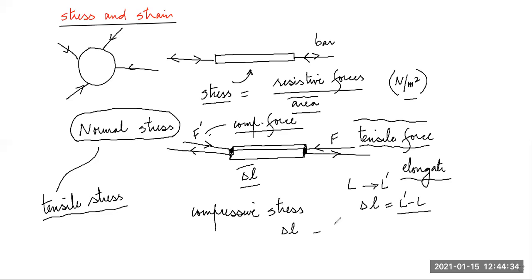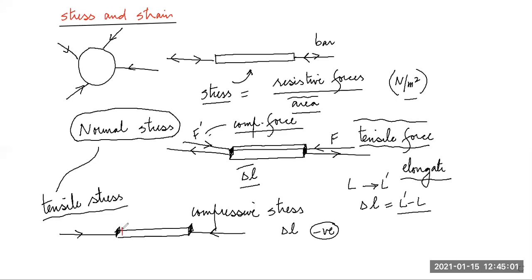If this is the length of the body, this is the compressive force applied on this area. Let's say compressive forces are applied on this area. Then the final length of the body I'm showing with red color.